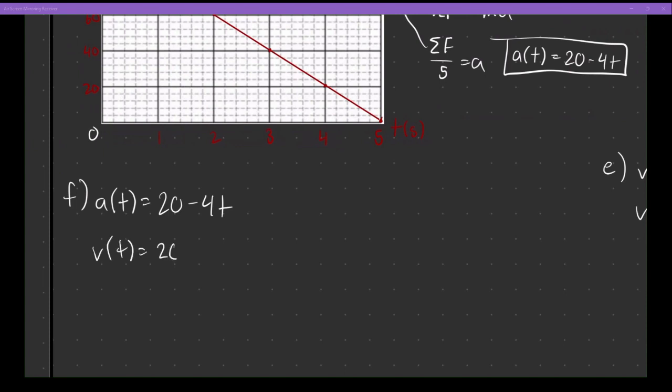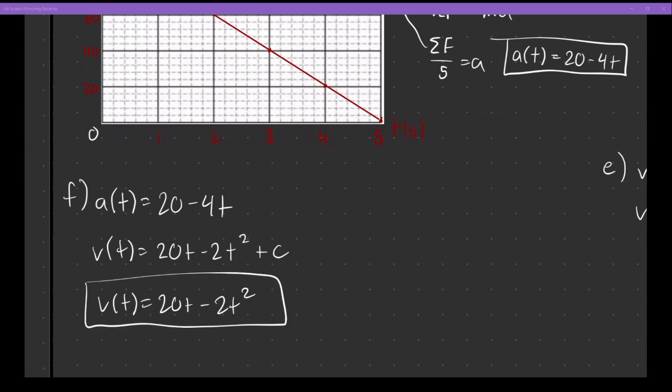I would get 20t minus, adding 1 to the power, t squared, and dividing by that, so it would be minus 2t squared plus c. But I'm just going to assume that c is equal to 0, so v of t is equal to 20t minus 2t squared.